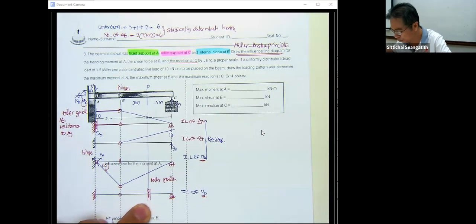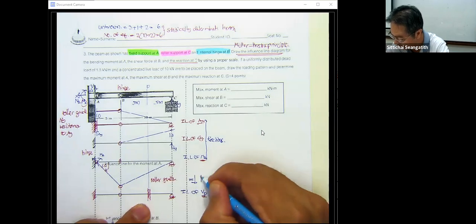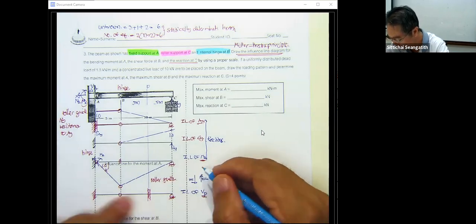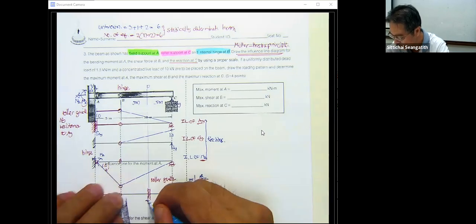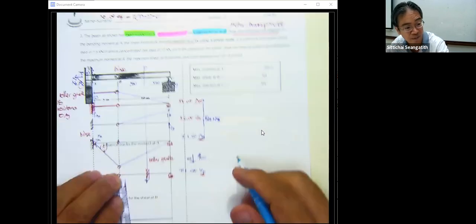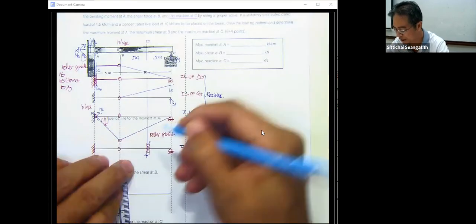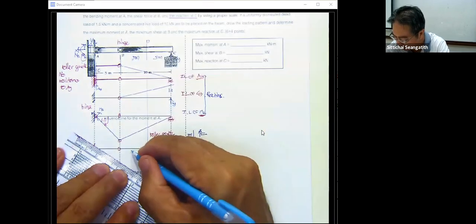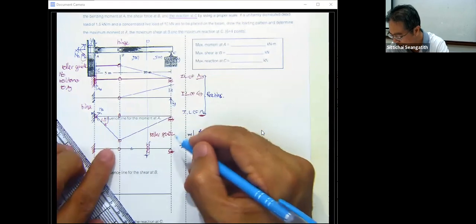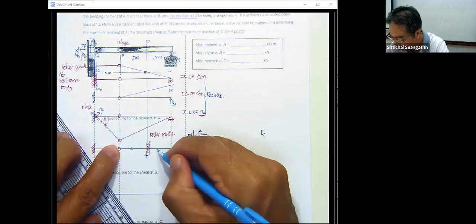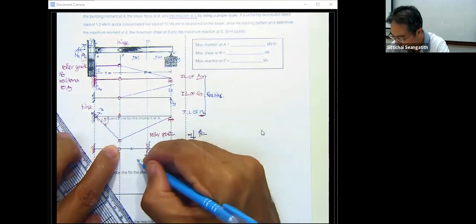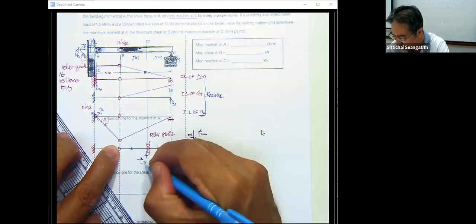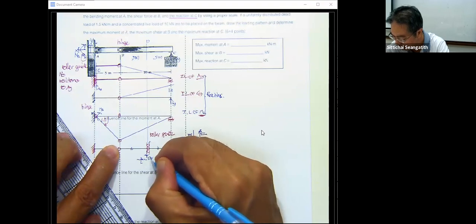And then we put the positive shear: on the left it is downward, on the right it is upward. So this one is going to be the downward shear V sub C, and this one the upward shear V sub C, and this one is going to be the distance A. Okay, and the total L changes to here, and this one is going to be B. So we have this one for minus A over L. That is minus 5 over 10.